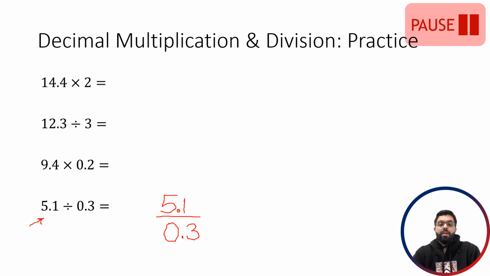So what do I do? I multiply this by 10, which is going to give me 3 as a denominator. But then if I'm multiplying the denominator by 10, I also have to multiply the numerator by 10, which is going to give you something else as a numerator.